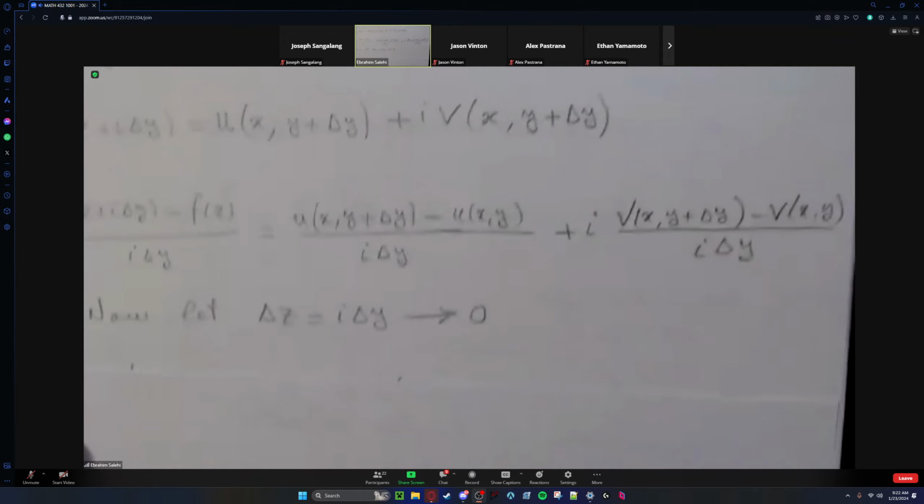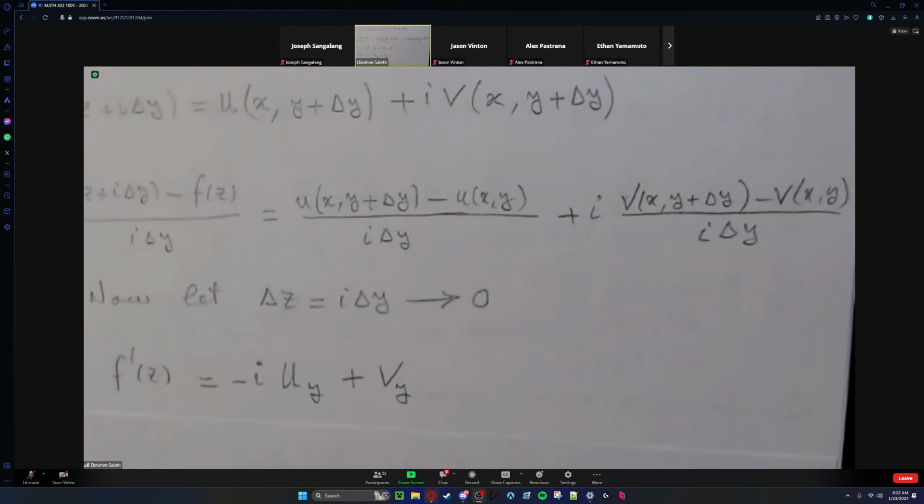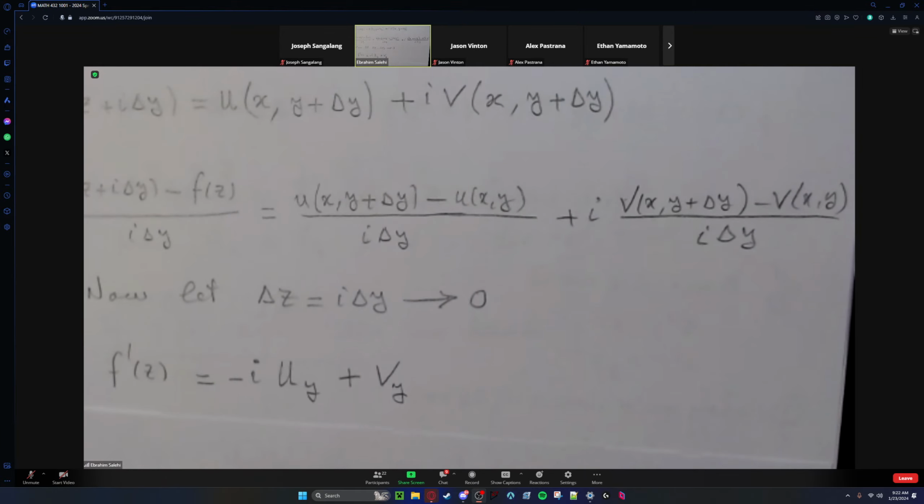So this is it. In the first approach, I got the derivative equals u sub x plus i v sub x. And in the second approach, I got this.